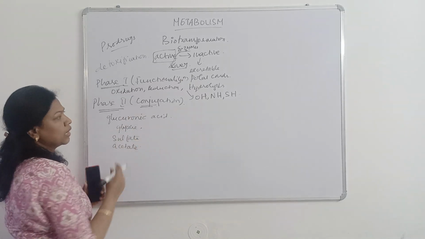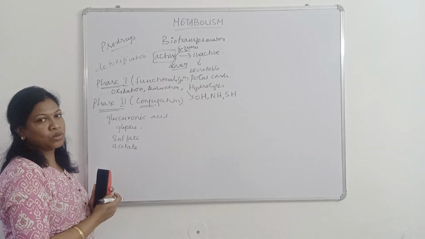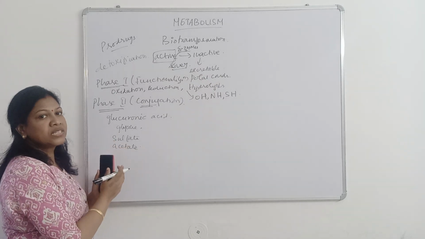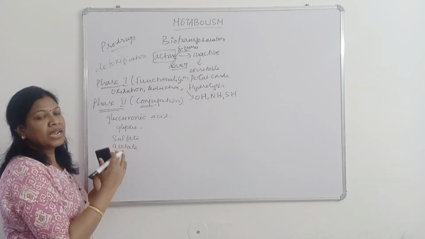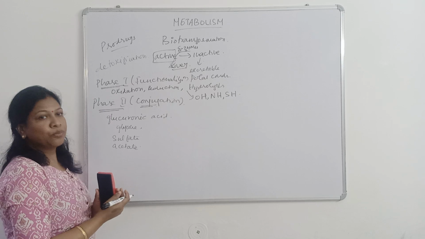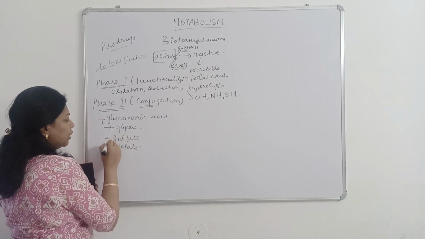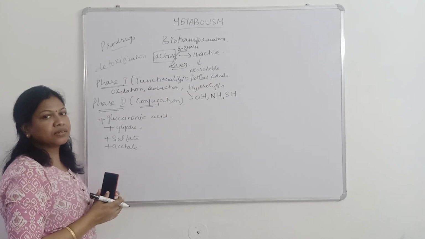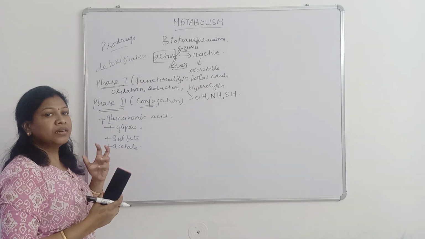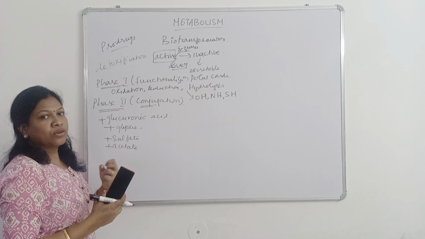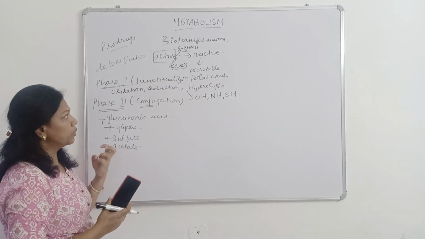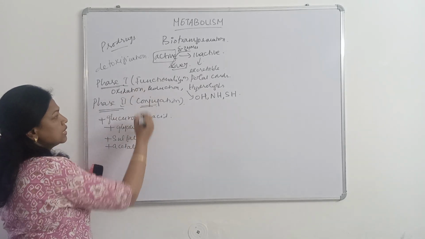So the drug can conjugate with these compounds, mainly endogenous compounds present in the body, and convert into a polar compound. The drug will finally become an excretable form, which is water soluble. So it needs enzymes.